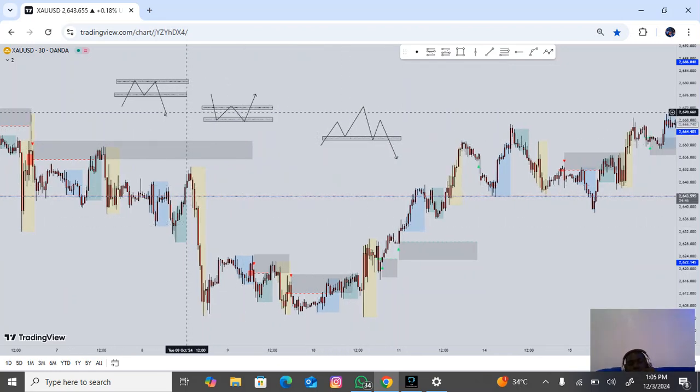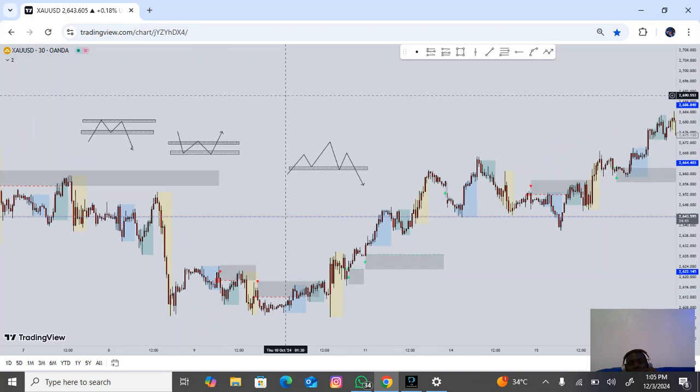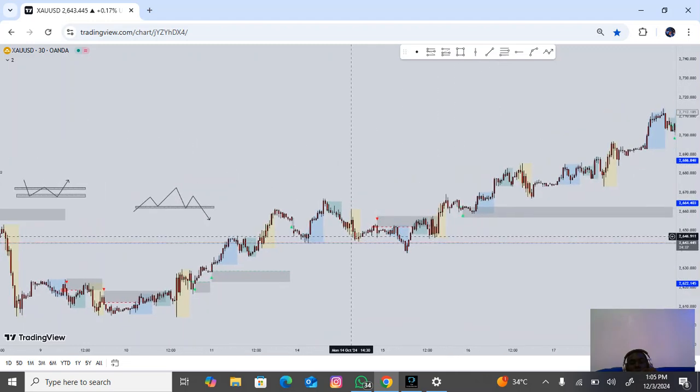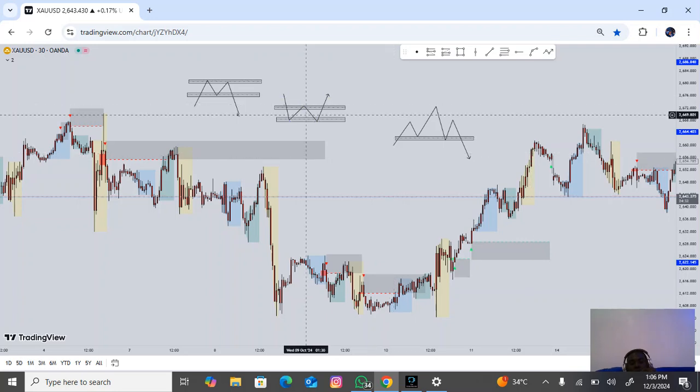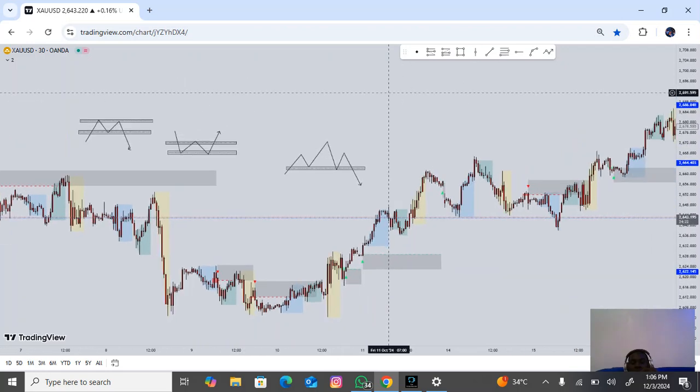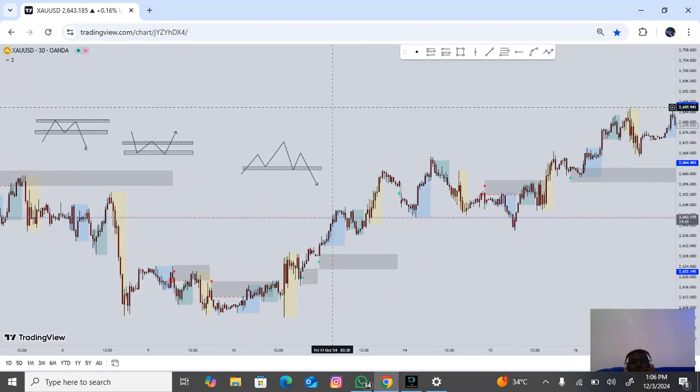You can always find the double top in an uptrend, and you can find the double bottom always in a downtrend. That's where you can find them. In our last discussion, I also talked about trending markets and how to identify them.